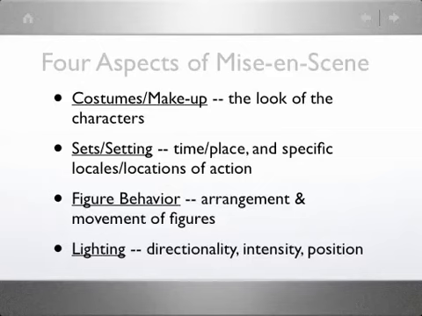And the position of the lights, especially if there are lighting instruments visible within the frame. Where are those light sources located in terms of the arrangement of elements or the composition of the frame?